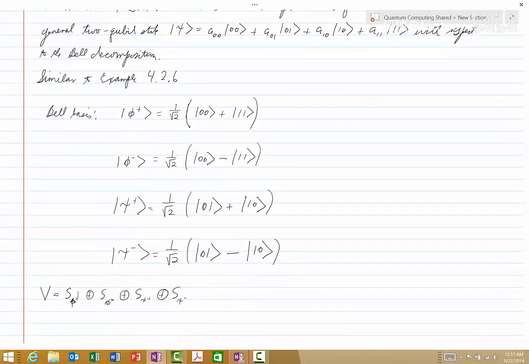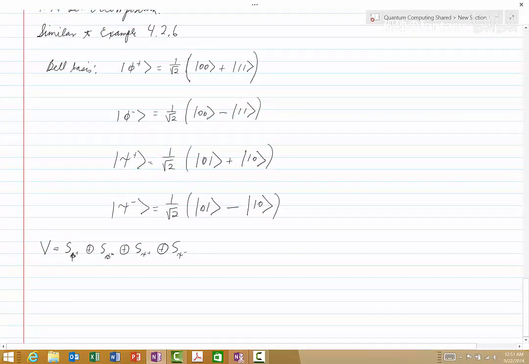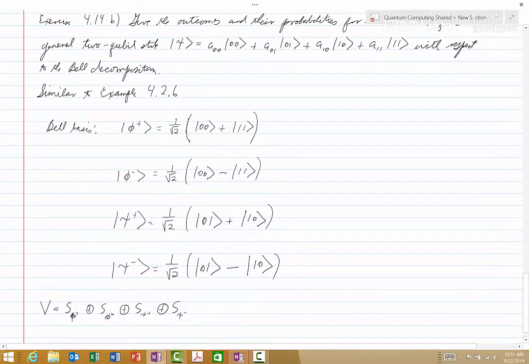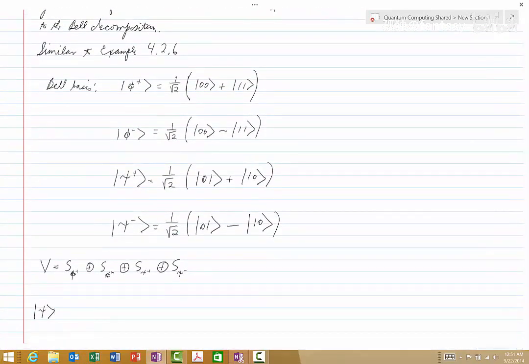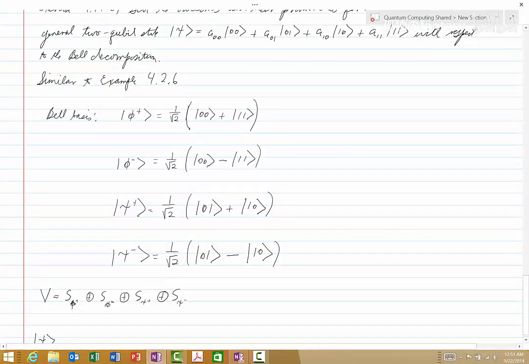What we would like to do, if we want to follow the procedure that we had in our previous problems, is write psi in terms of these vectors. There's no real grouping together that would occur in this case, because we're looking for decomposition into these four spaces, so we don't want to group these together.